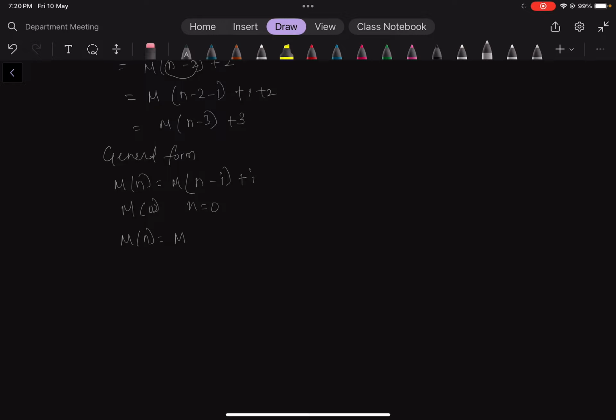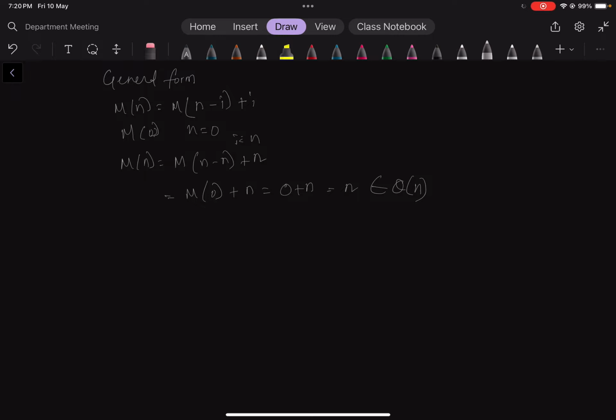That means we can take i is equal to n. Then it becomes m of n minus n plus n, so m of 0 plus n, which is 0 plus n, equal to n. That means this belongs to theta of n. So this is the time complexity of finding the factorial of a given number.